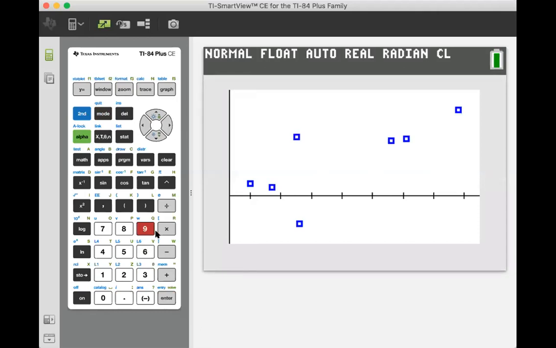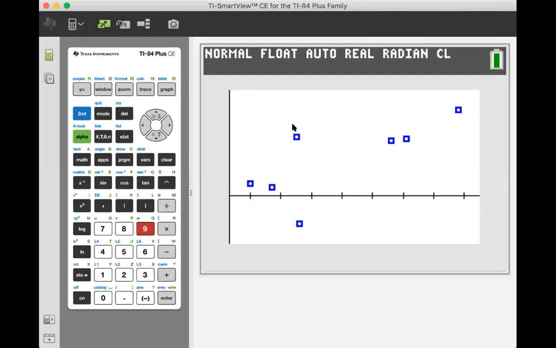Okay, so we visually examined this. We determined that there doesn't appear to be any curved shape to it. Because of those 2 points up here, they're not close to a straight line that would go through all of these, but still we could try to fit a line to this and see if we have significant linear correlation.